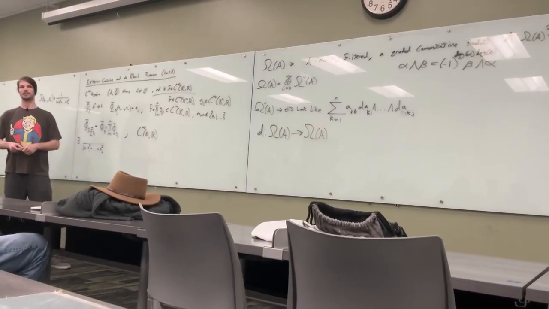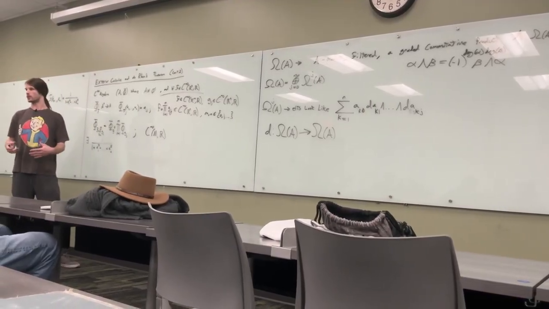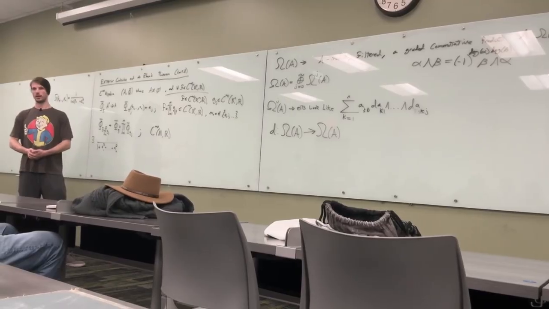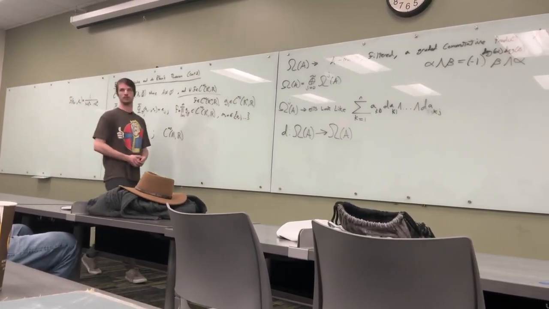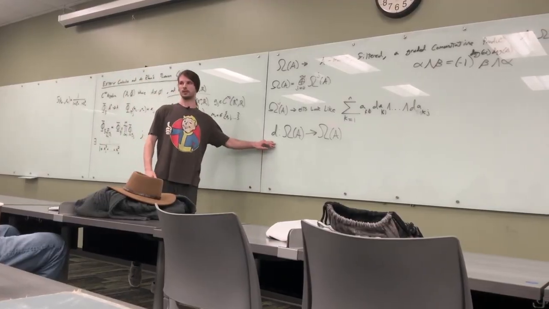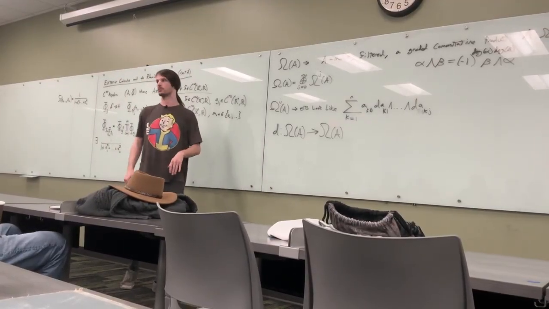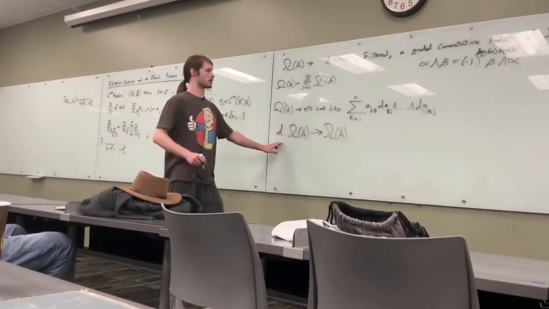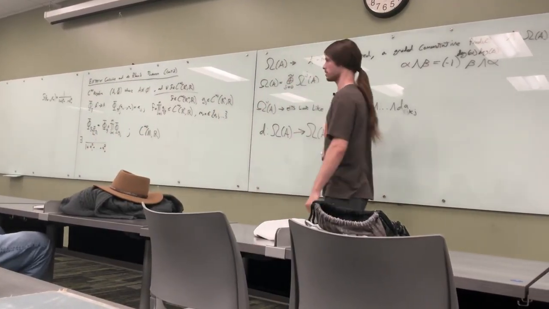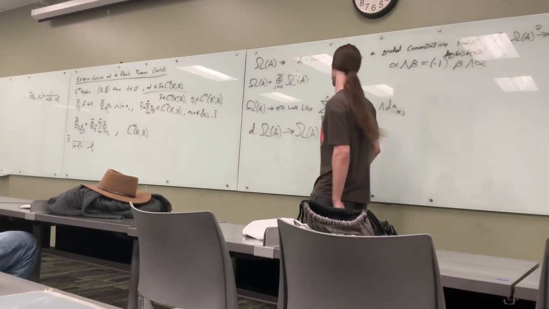Universal means that it contains all of the information of any derivation on A. Any other derivation can be arrived at by composing some homomorphism into another module with this d, restricted to the filtration at level 0. So it has two different properties which make it reasonable to call this thing a derivation.